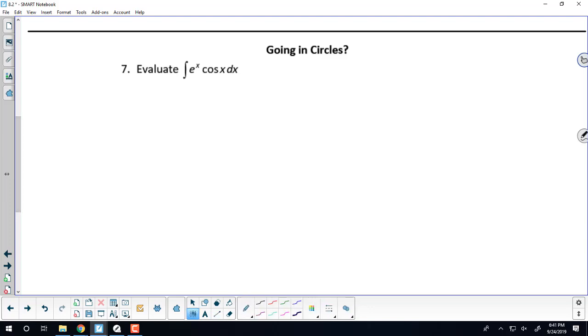So what should our u and our dv be? u would be cosine x. And then our dv is the rest of that, e to the x dx.